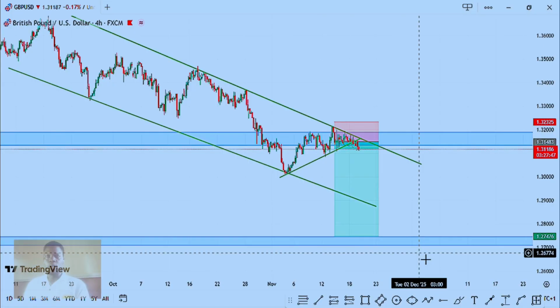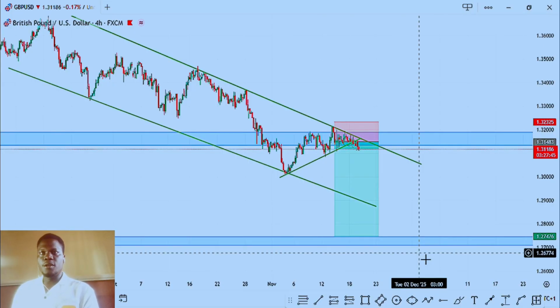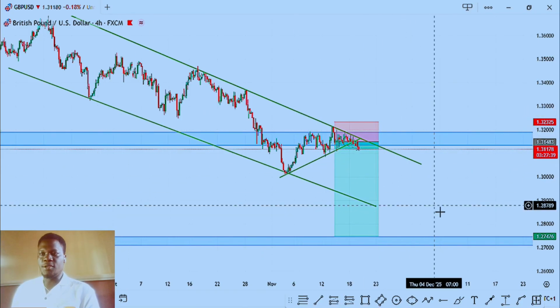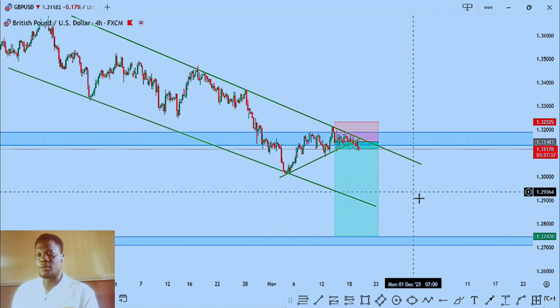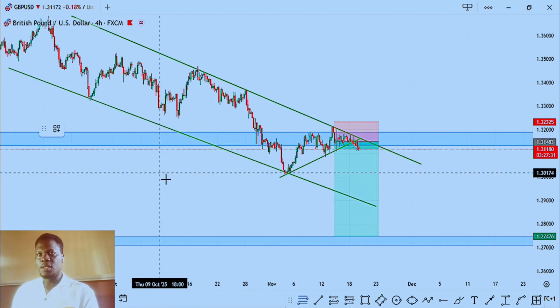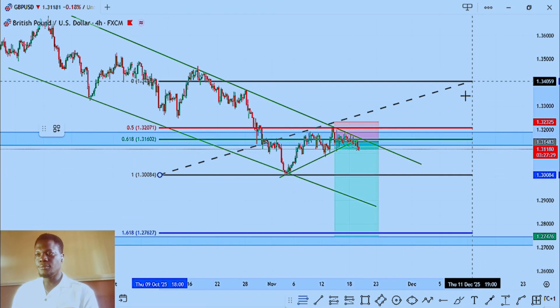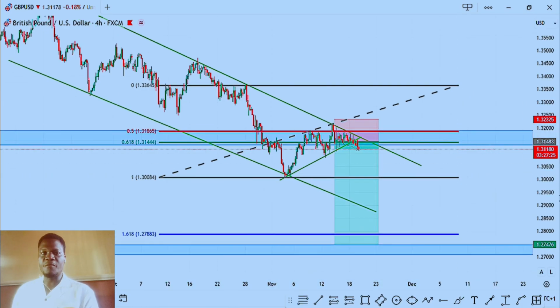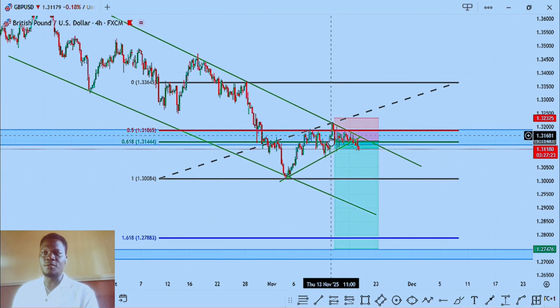All right. Okay, so for the British pound, I also did analysis on this last week. I'm currently in a trade on this British pound. Okay, I jumped in here somewhere at this 50 Fibonacci retracement at this confluence area.